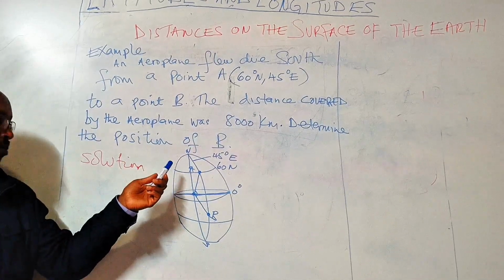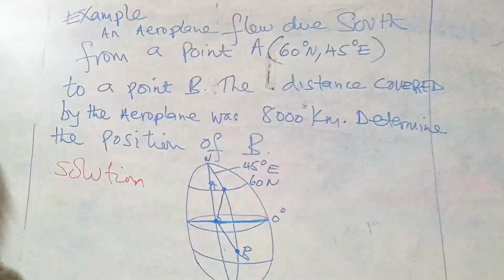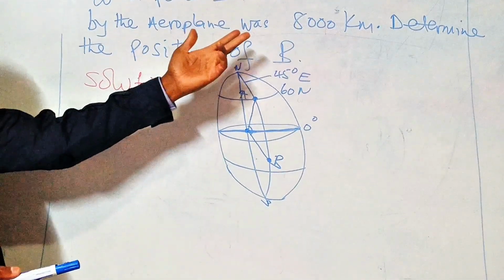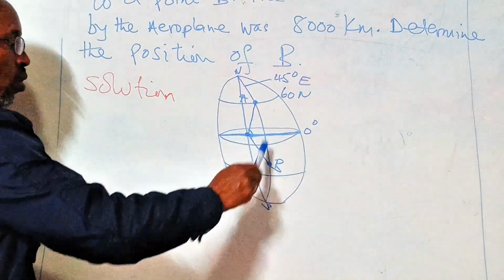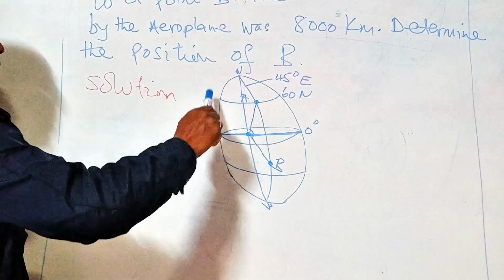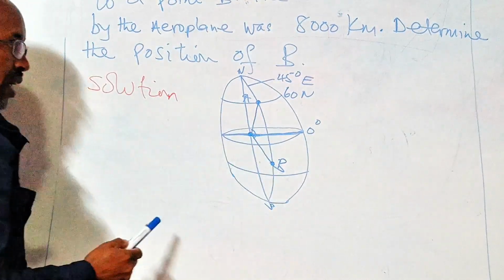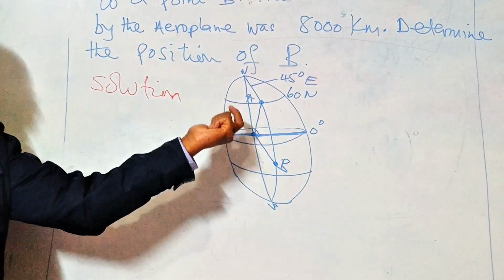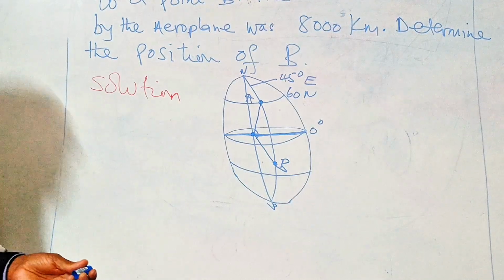So point B must be south of A. We are given the distance AB, which is our arc length, as 8,000. Therefore, what we need to look for is the angle between point A and B that is subtended by the arc length AB. We call that angle theta.